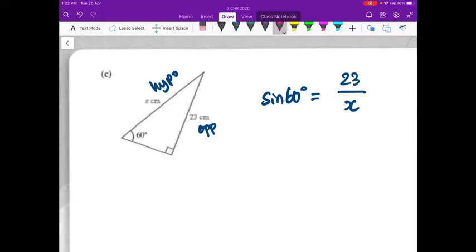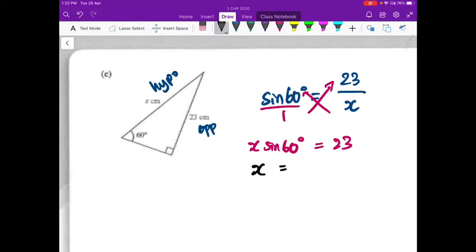Oh, okay, so you put over 1, correct. Then you cross multiply. X sine 60 degrees equals 23. Okay, can. So now you want to find x, 23 over sine 60 degrees.